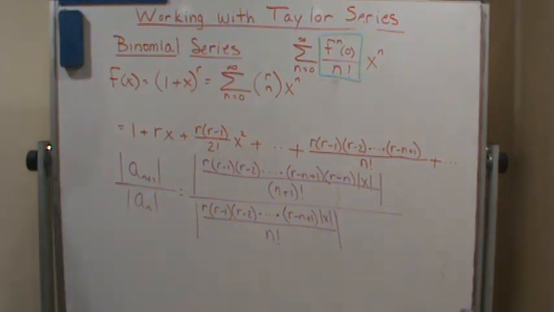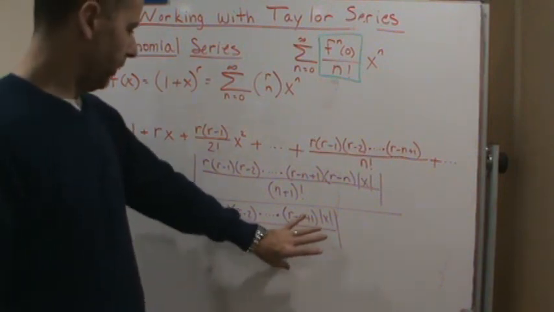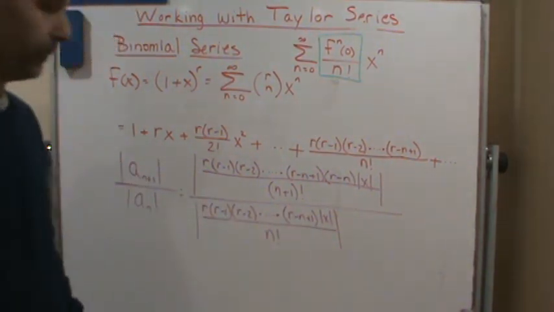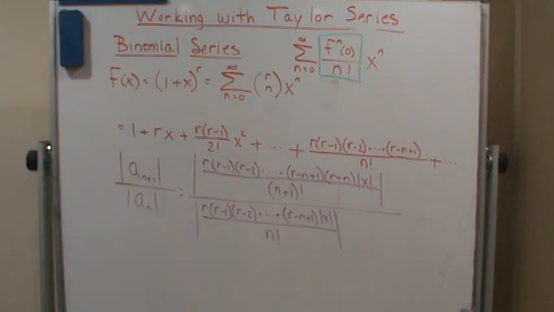And then now what I'm going to do is multiply by the reciprocal of the bottom and then simplify that. So I will come back and we will start from here.